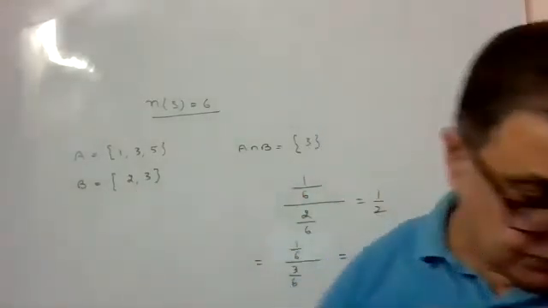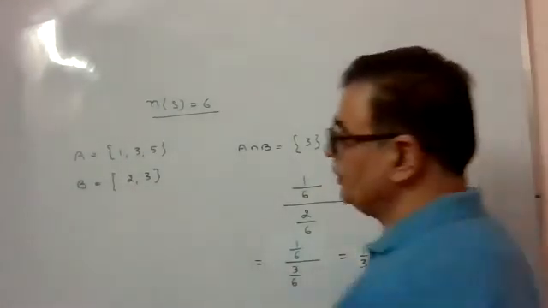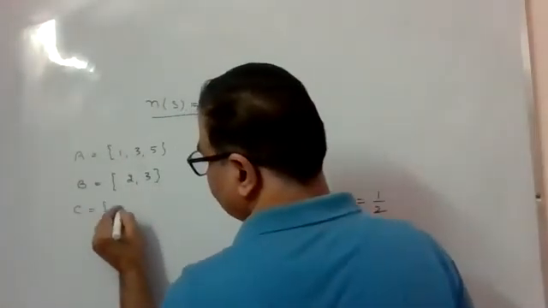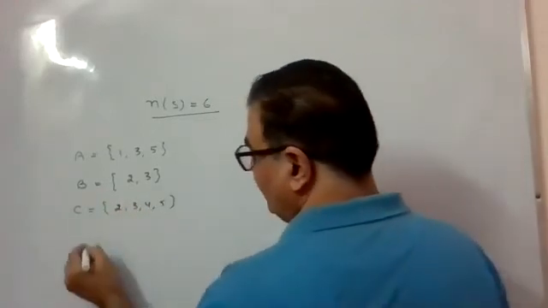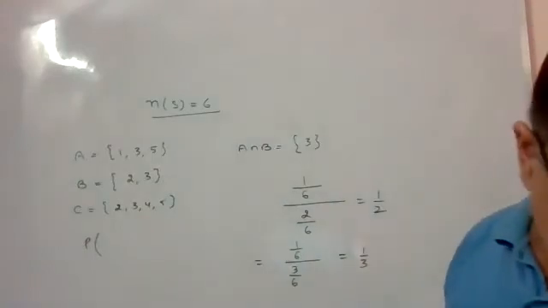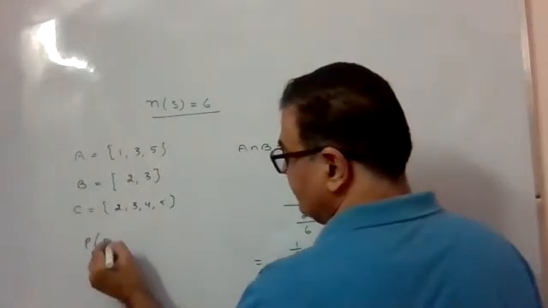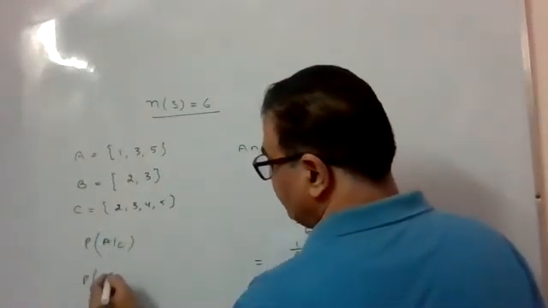One more event is there. C now. C is given as 2, 3, 4, 5. And now my question is find P(A|C) and P(C|A).